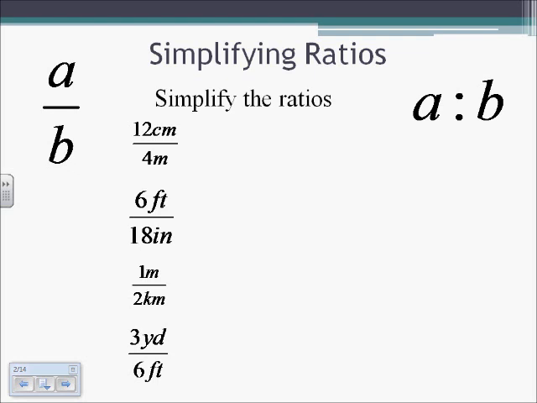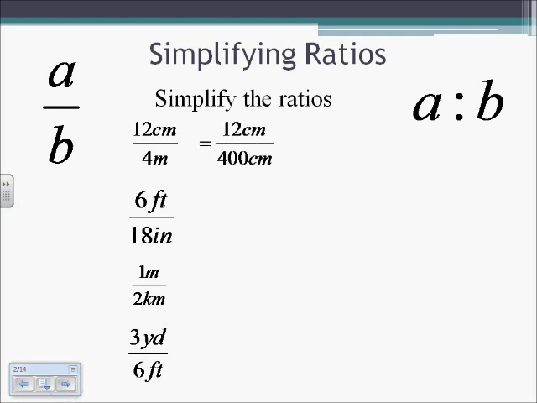Simplifying ratios, if we have ratios given to us in fraction form, for instance the first one, 12 centimeters to 4 meters. The first thing we want to do is make sure that the measurements on both top and bottom of the fraction are the same. So we want to convert centimeters and meters into an equal measure.